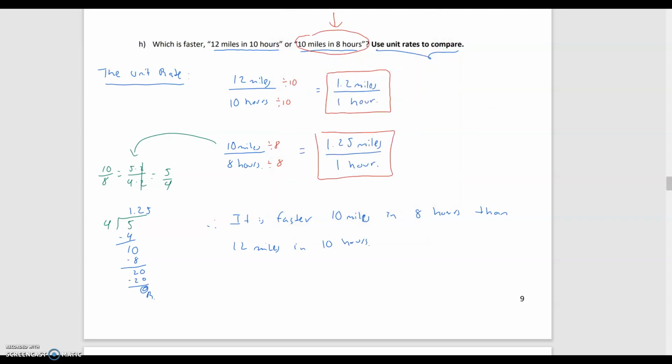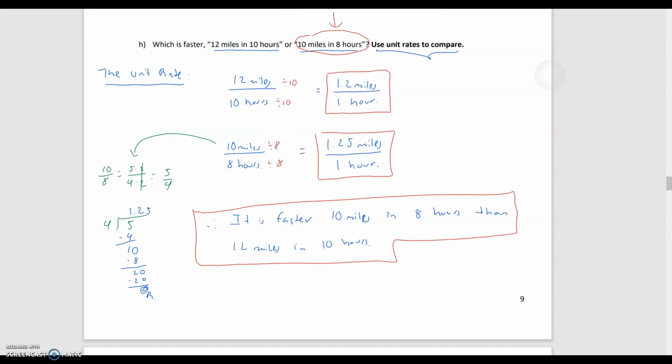Not by a lot, but it is a little bit faster. In this case, if you're comparing two individuals going at a specific rate, you would get farther if you're traveling 10 miles in 8 hours than if you did 12 miles in 10 hours. That's actually it for this one. We'll put the other one on a different video.